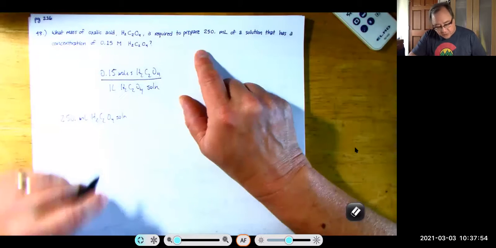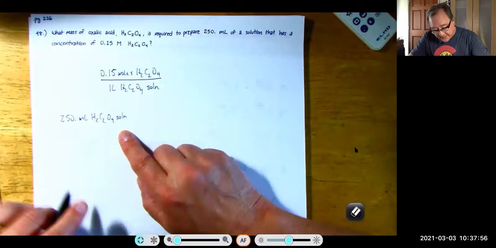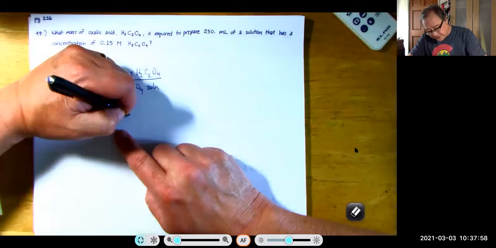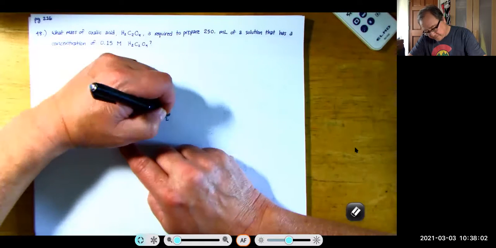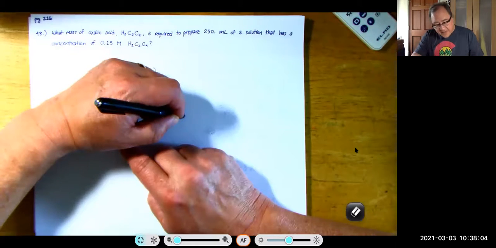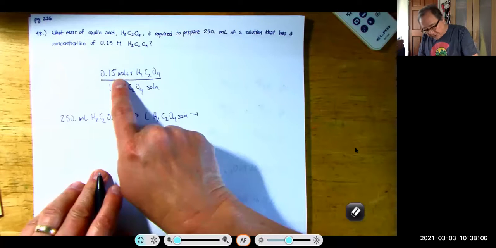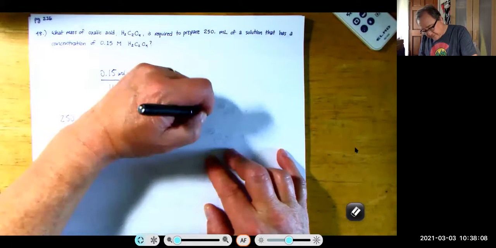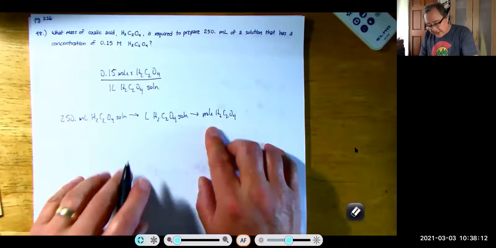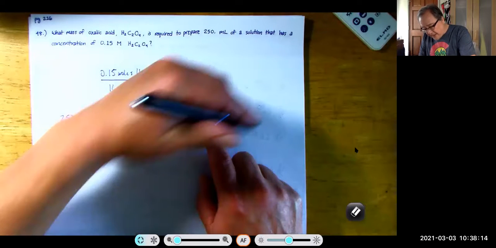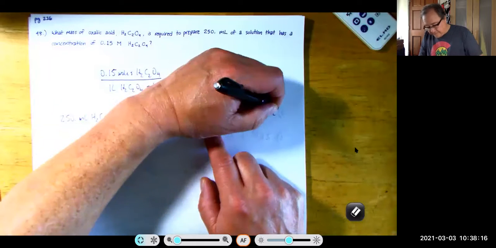And here, this is in moles per liter, so that makes me think I want to take that milliliters and turn that into liters. And then from that, I can turn that into moles. And then from that, I can turn that into grams using the molar mass of this stuff.